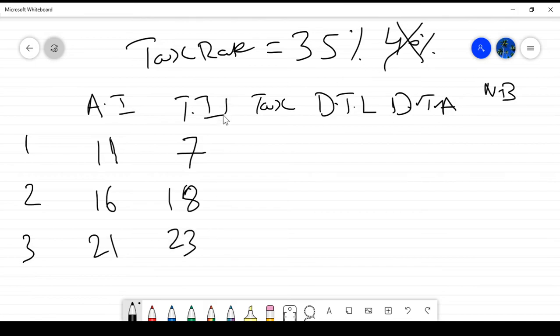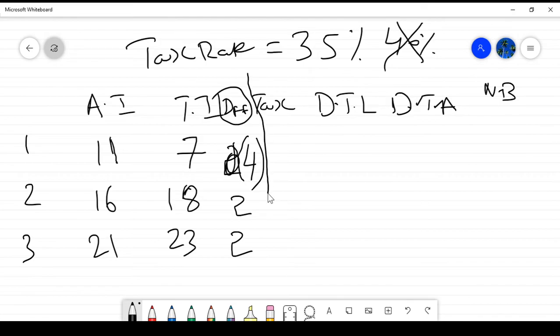Okay, the difference: 4 lakh is lesser in taxable income in the first year, and 2 lakh is greater in taxable income in the other years.